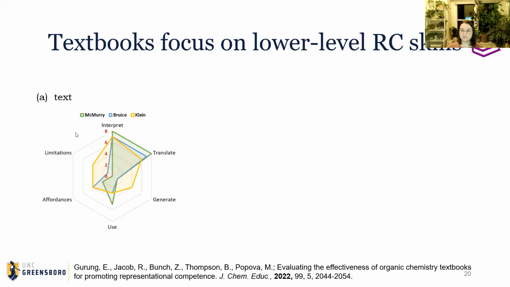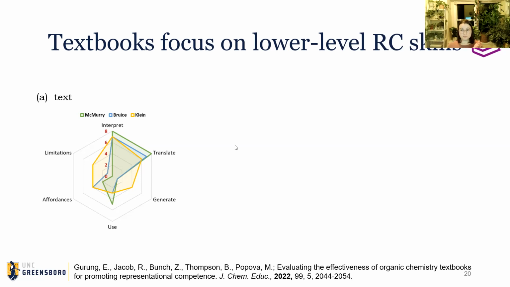Right here, we have the different RC skills, and the numbers 0 through 8 represent the number of representations. So we had 8 representations of molecular structure we were focusing on. If we focus on the generate skill here, how do we interpret this? We interpret it as Klein's textbook in the text teaches students how to generate 4 different representations of molecular structure. I hope that's clear and you're following.